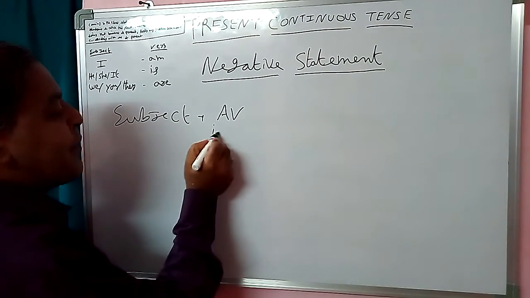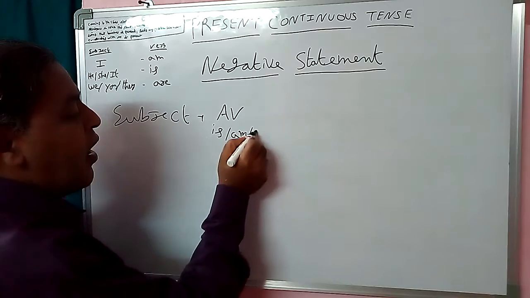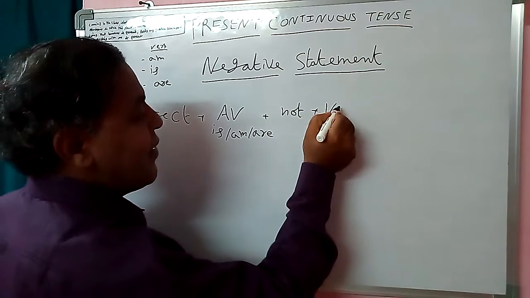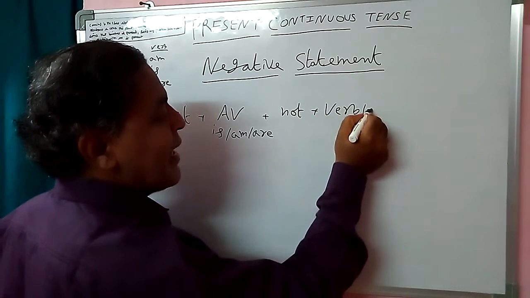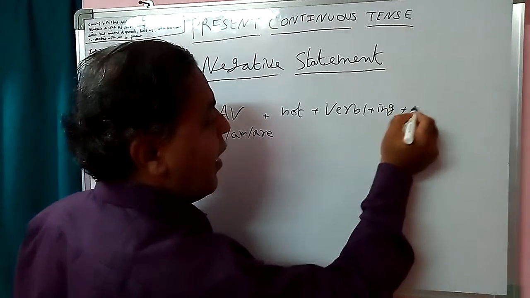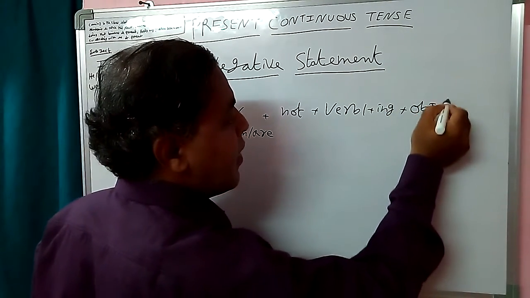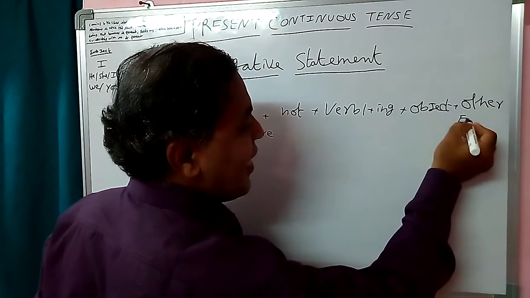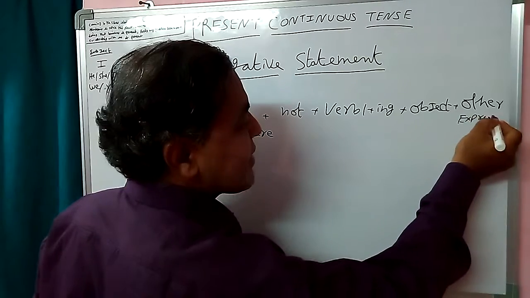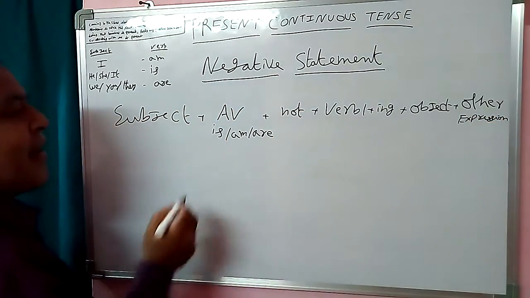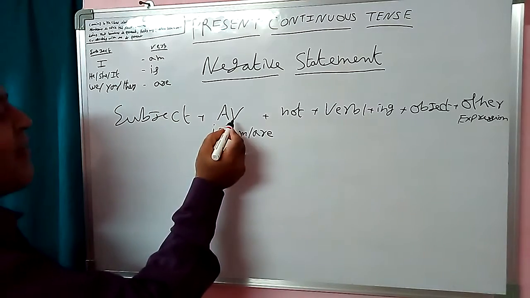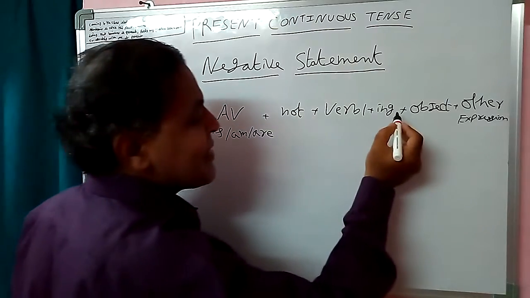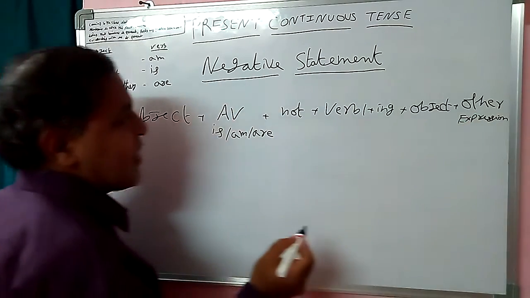The auxiliary verb is am, is, are, not, verb 1 plus ing, object, other expression.